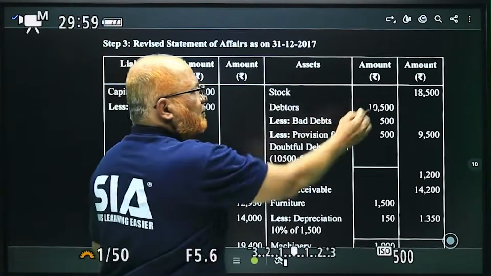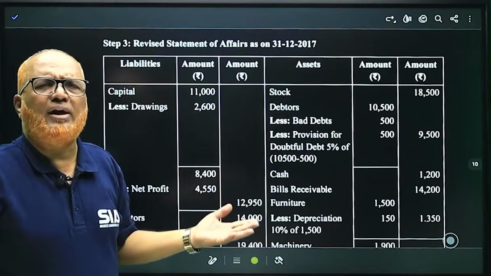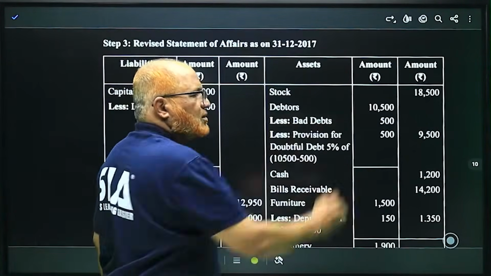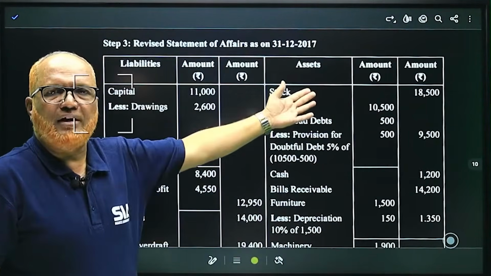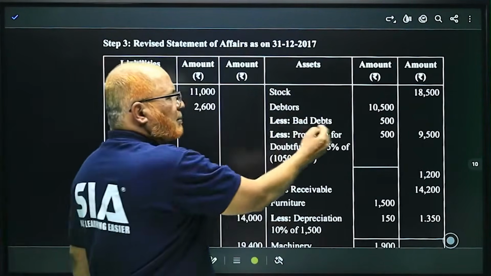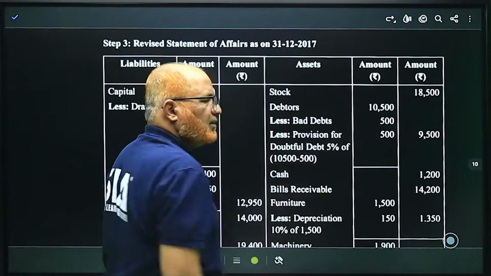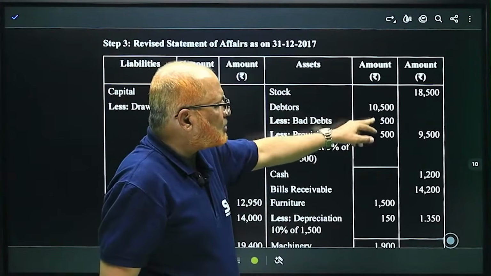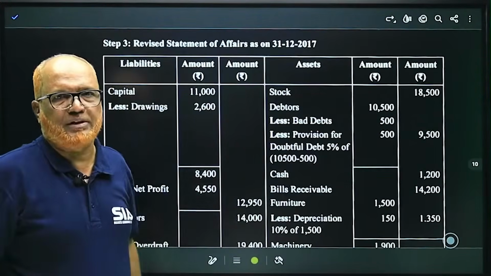Stock, whatever is given in the problem at the end of the year, is the same, because we have not adjusted anything for stock. Debtors are 10,500, given in the problem. From 10,500 subtract bad debts 500, and subtract provision for doubtful debts 500. Minus both, 10,500 minus 1,000 is 9,500. These are the debtors after adjustments.